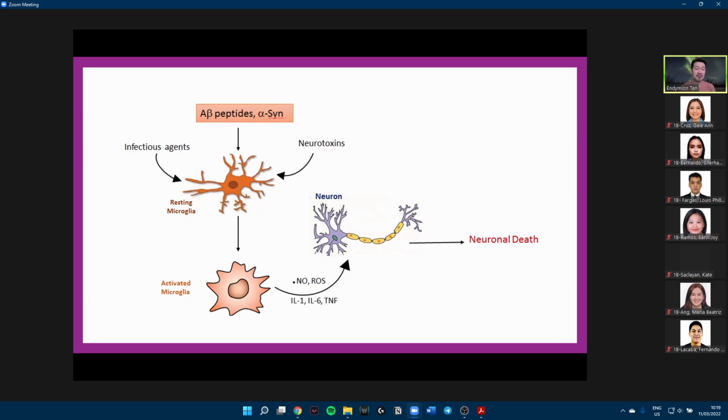So in times of crisis, like there's an infection, viral infection, COVID, example, meningitis with the bacteria, fungi, parasites, your microglia would be put into action. They can perform phagocytosis. So microglia are very important to prevent neuronal death by performing phagocytosis.